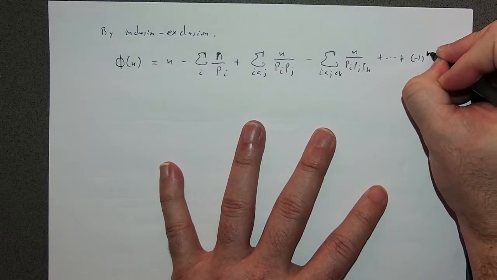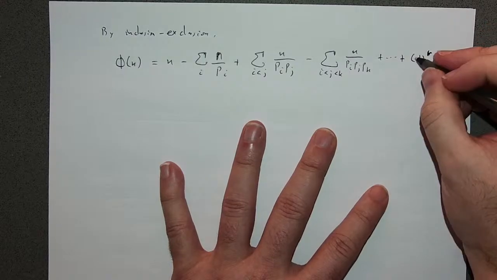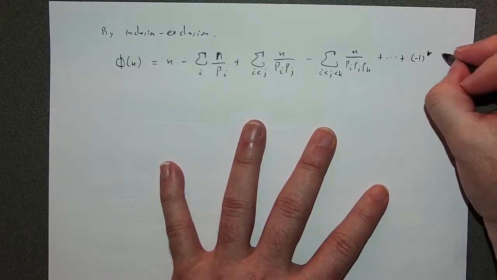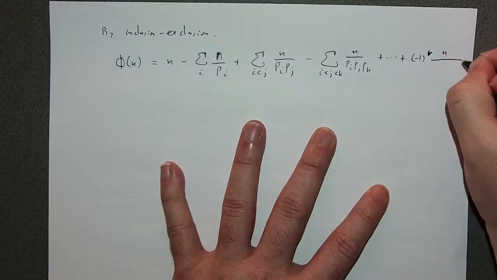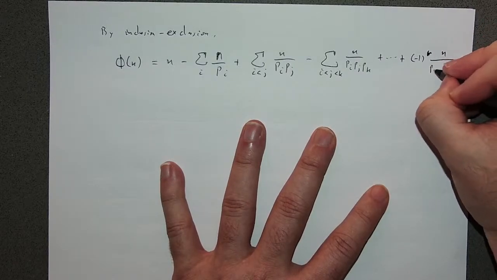I said minus 1 to the n, I meant minus 1 to the r. It's minus 1 to the r times the single term n over the product of all of those primes.